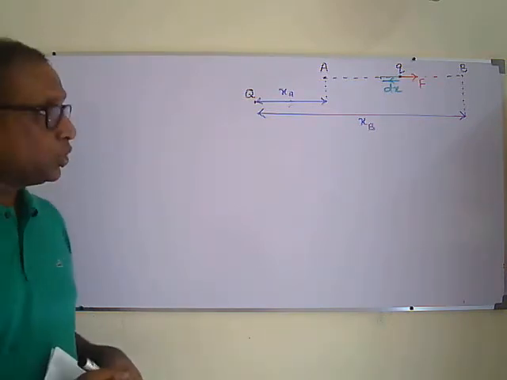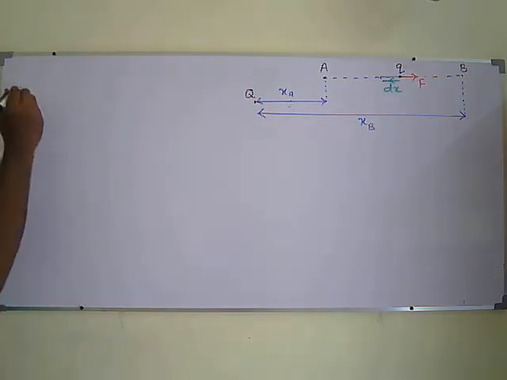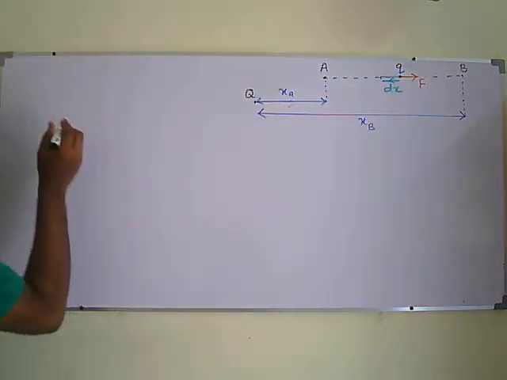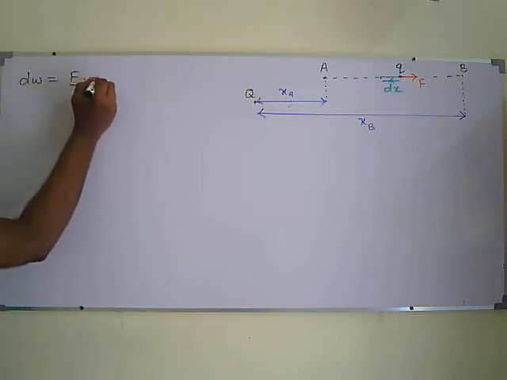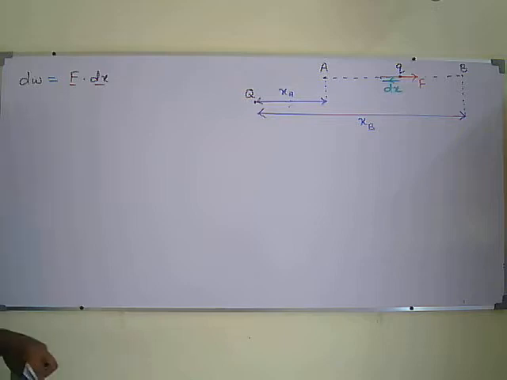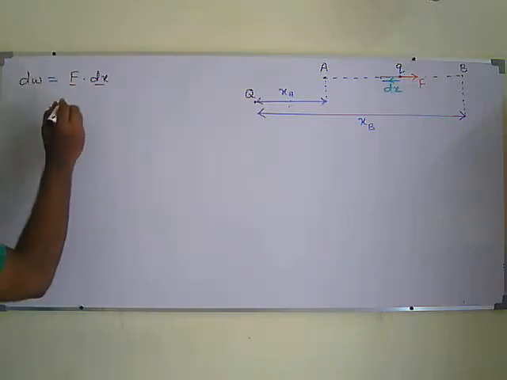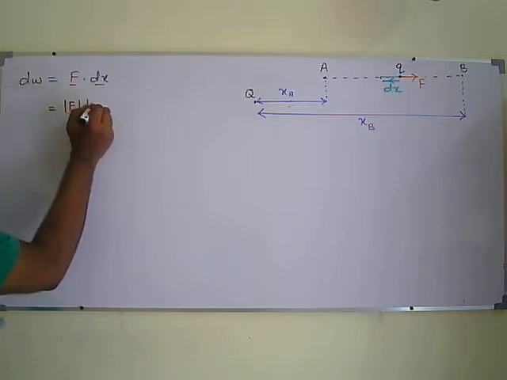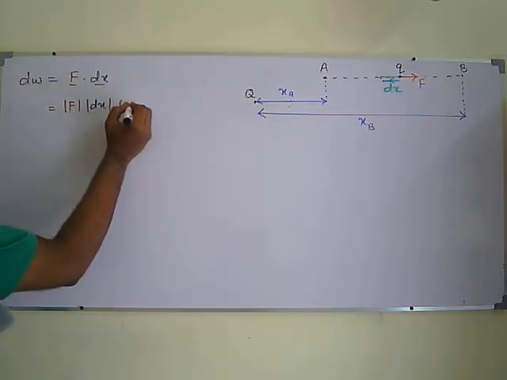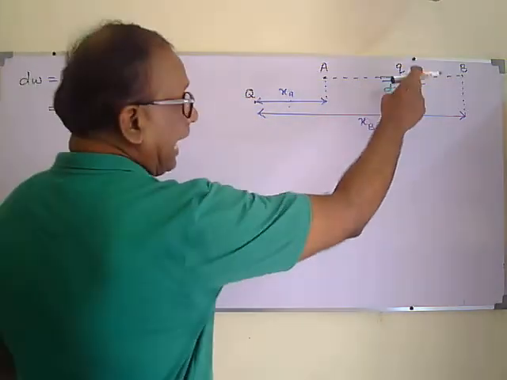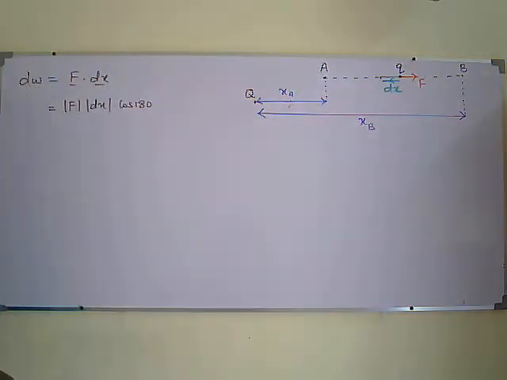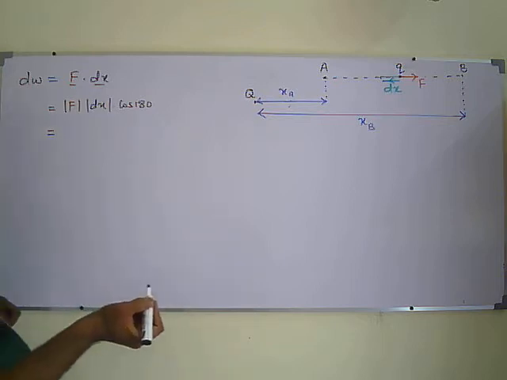Okay, so we know the small work done dW is given by dW equal to F dot dx in terms of vectors. So they are opposite to each other in direction. So that will be mod F times mod dx into cos 180, because the angle is 180 degrees. So F, we know it's Coulomb's law, is it?